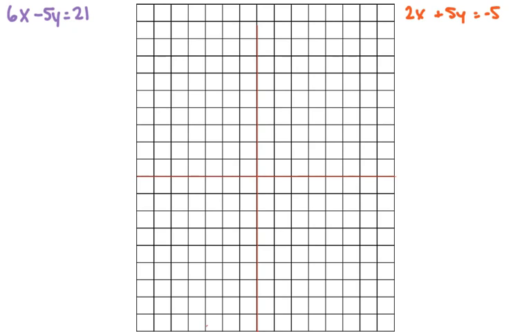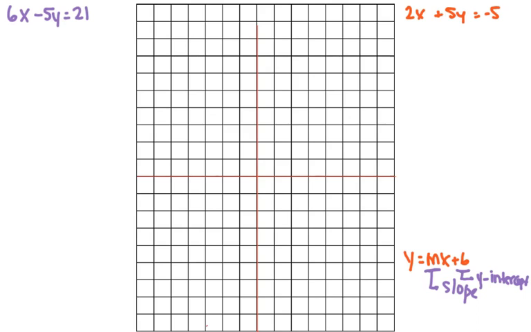We want our equations to be in the form y equals mx plus b because this equation tells us two things that are really important for graphing lines. It tells us our slope, so remember that m is our slope, and it also tells us our y-intercept, or that point where our line is going to cross the y-axis. So I'm going to transform both of these equations into slope-intercept form so that I know where these equations are going to cross the y-axis and how many units up and over I need to move to get to my next point.